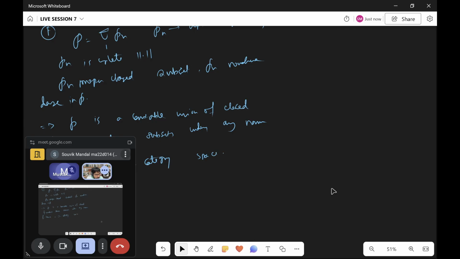Now by the Baire category theorem, it cannot be a complete metric space.